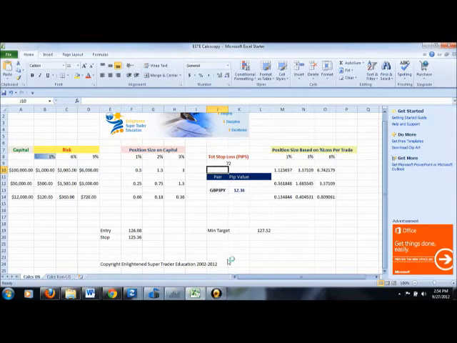Okay, 1236 GBPJPY. That makes sense. 127.50. We'll put 8 mini contracts.